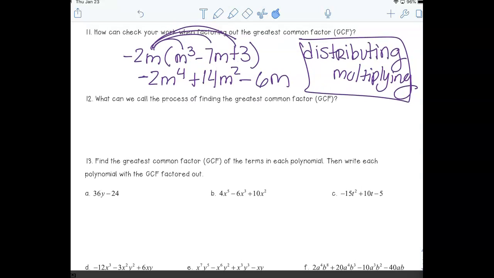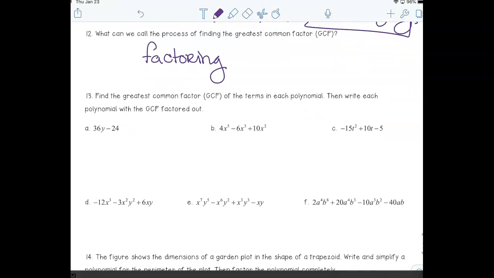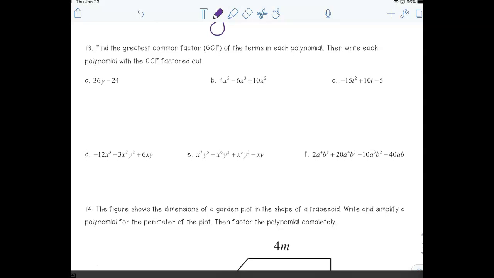What can we call the process of finding the greatest common factor? Okay, we call this just factoring. Finding the greatest common factor in all the polynomials, then writing the polynomial all factored out.